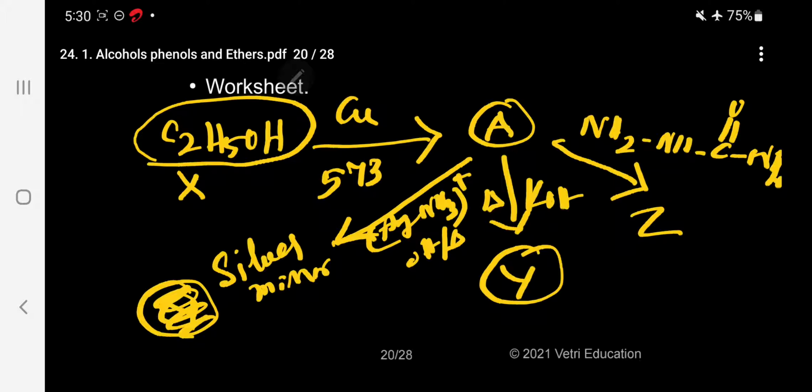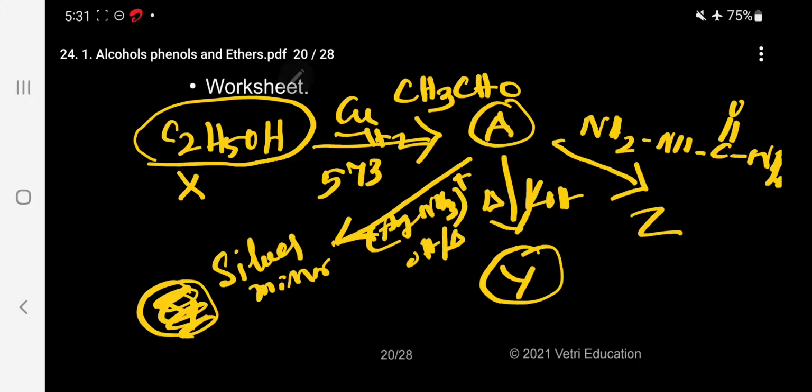You recollect this from the differentiation of primary, secondary, and tertiary alcohols. It is the dehydrogenation method, that is, removal of hydrogen, by which we can easily differentiate primary, secondary, and tertiary alcohols. So A should be acetaldehyde, because of removal of H2. This is the reaction taking place.